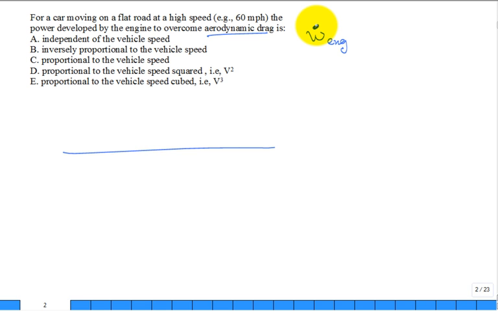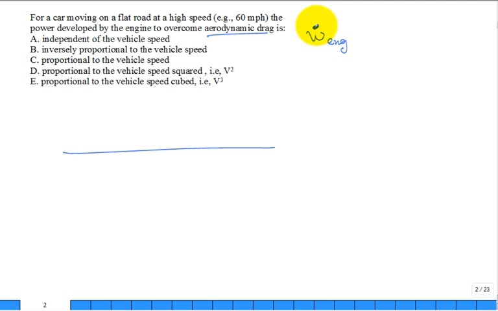The power is getting through the drivetrain to propel the vehicle down the road at a constant speed. If you shut that engine off, it would slowly coast and come to rest. True? But if you're running that engine, it's providing power to overcome that frictional aerodynamic drag.